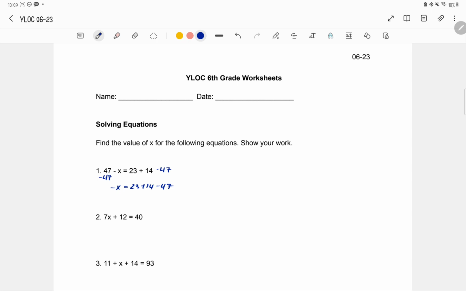So the thing we're going to do first is solve for this one, and if we solve it, we get negative 10. Now we're going to divide both sides by negative 1, and this becomes x equals 10.